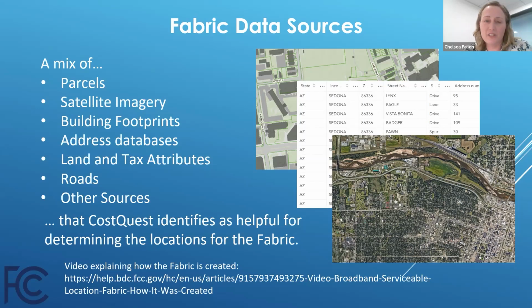It improved its statistical models to more accurately select parcels with BSLs and to identify the structures on parcels that are BSLs. And it increased the amount of information that is visually verified to correctly identify BSLs and distinguish multiple BSL parcels from single BSL parcels.